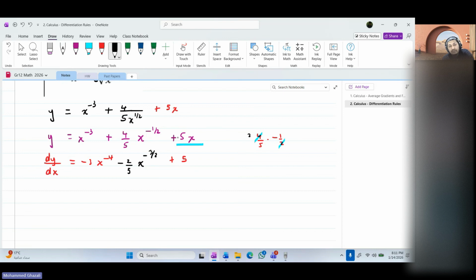We took away 1 from the power. Minus half minus 1 is minus 1.5. Okay. So we're getting negative 3 over x to the power 4, putting it in positive exponent, minus 2/5 x to the power 3 over 2 plus 5. That's my answer.